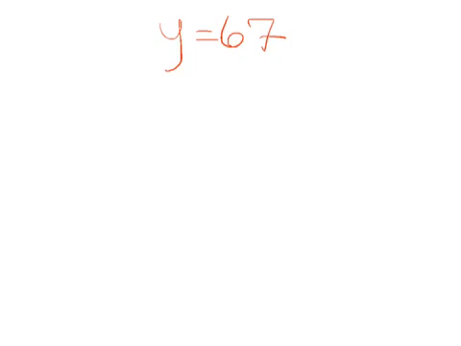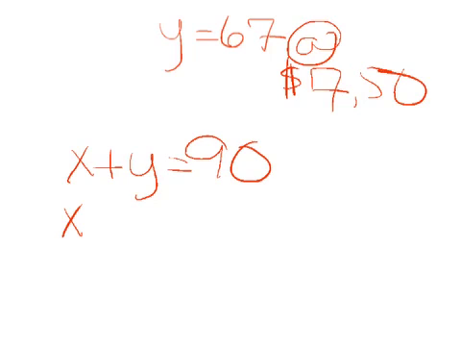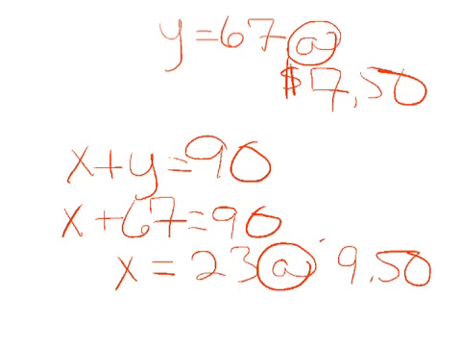And since Y represents the number sold at the discounted price, this was the number sold at $7.50, and I can plug it into one of my equations, X plus Y equals 90, to figure out how many they sold at the original price, which would be 23 at $9.50.